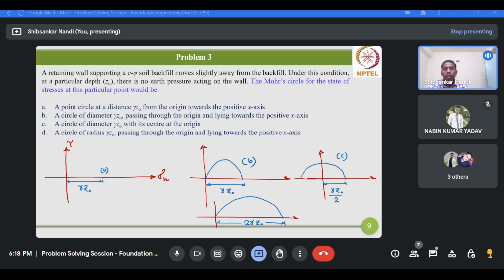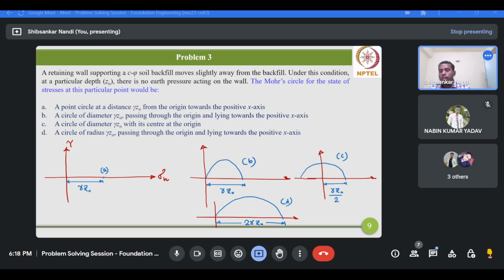Now we have to figure out the correct option. How can we figure that out, in your opinion? For that you should know the major and minor principal stresses for the given condition.